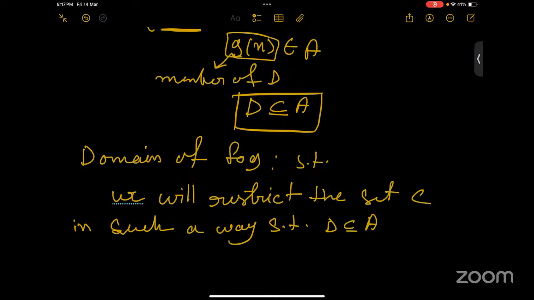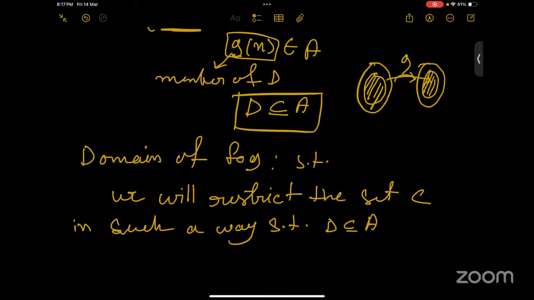In general, D may not be a subset of A, right? But we can restrict the domain of g, and then automatically the image set will be restricted too. So we have the domain and the codomain of g. If we restrict the domain to this, our new domain, then automatically the image set will be the smaller one, right?